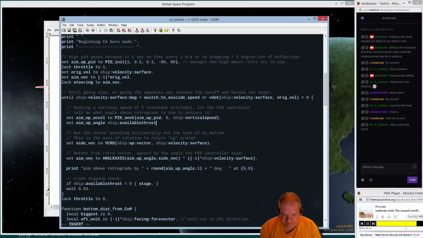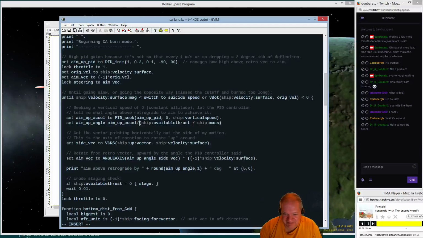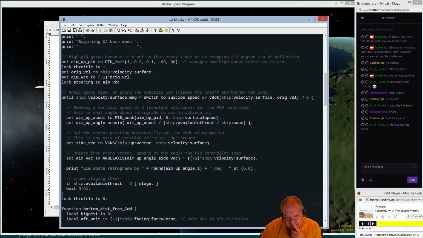The current available thrust divided by the current mass is the amount of acceleration I have total. So I put that in the denominator underneath the aim up acceleration, and that is the sine of the angle we want. I think that that is correct. I hope that that is correct.